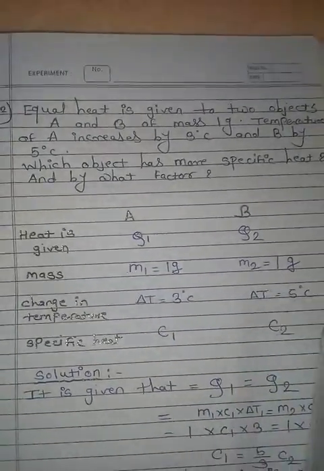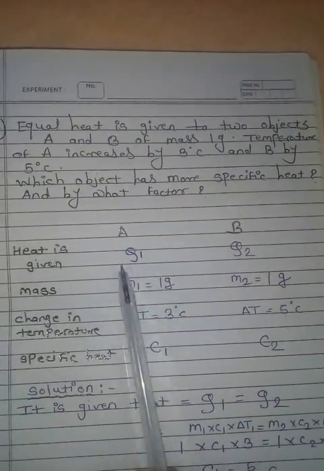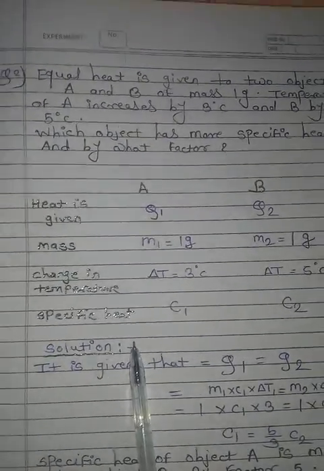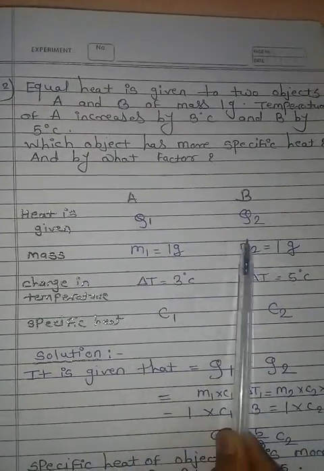We have to find out the specific heat. Which object has more specific heat? In the solution, Q1 is equal to Q2, and the two objects have equal mass.